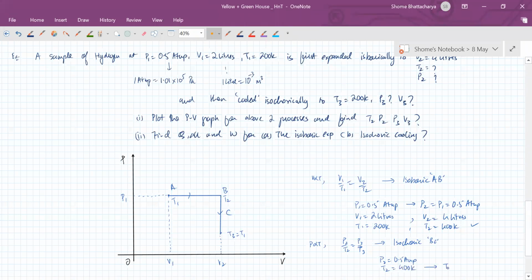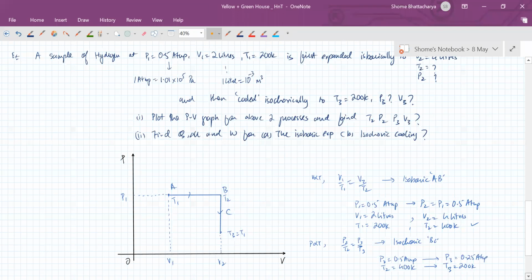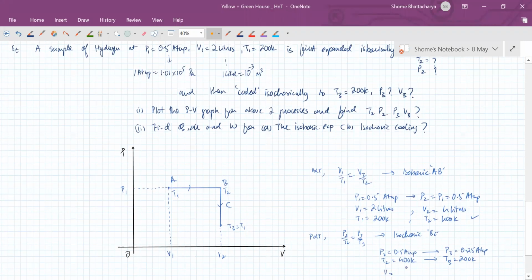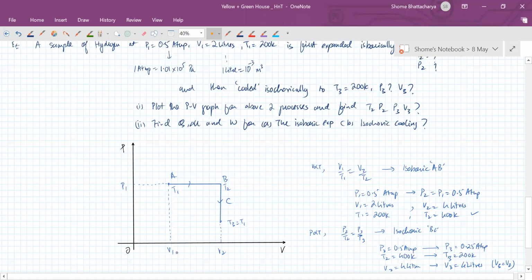So from here it is going to a temperature of 200 Kelvin. So if temperature is becoming half, that means pressure will also become half. So 0.25 atmosphere. The volume remains constant. Okay, so these are all the quantities here.